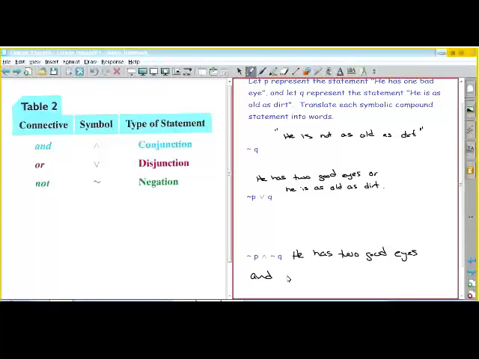This upside down V represents and. The negation of Q is he is not as old as dirt. The logic statements don't have to be true. We just have to be able to translate between words and symbols.